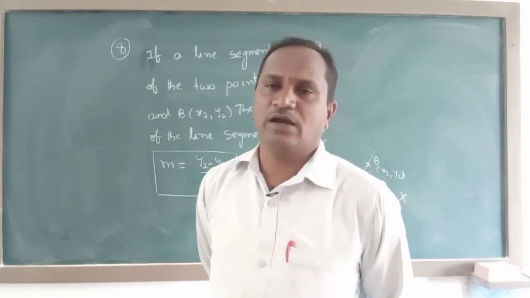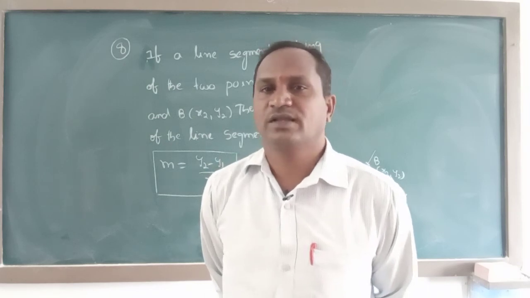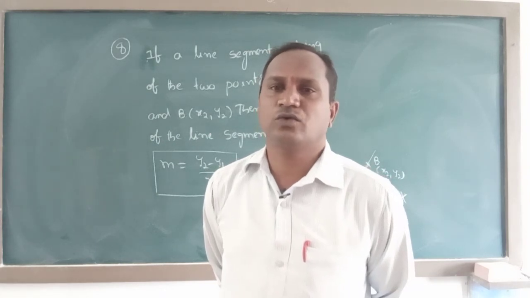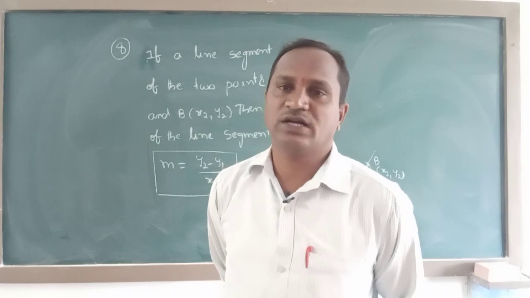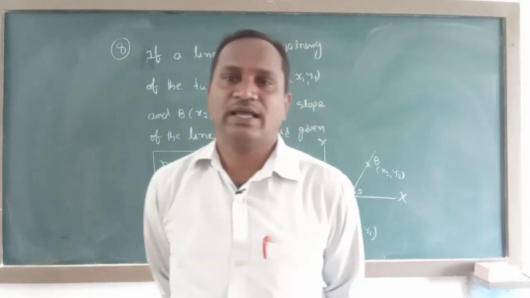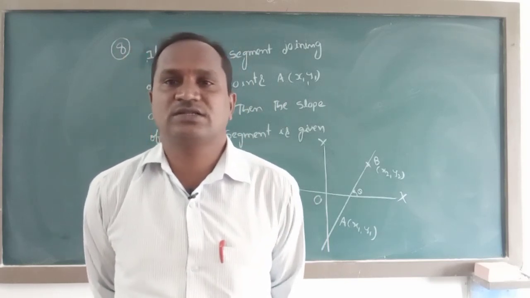At the same time, I will give the proof for perpendicularity of two lines also. Perpendicularity of two lines means the product of slopes of the given two lines is always equal to -1. For that also I'll give the proof in the next class. Today I have given slope basic concepts and definitions of slope.